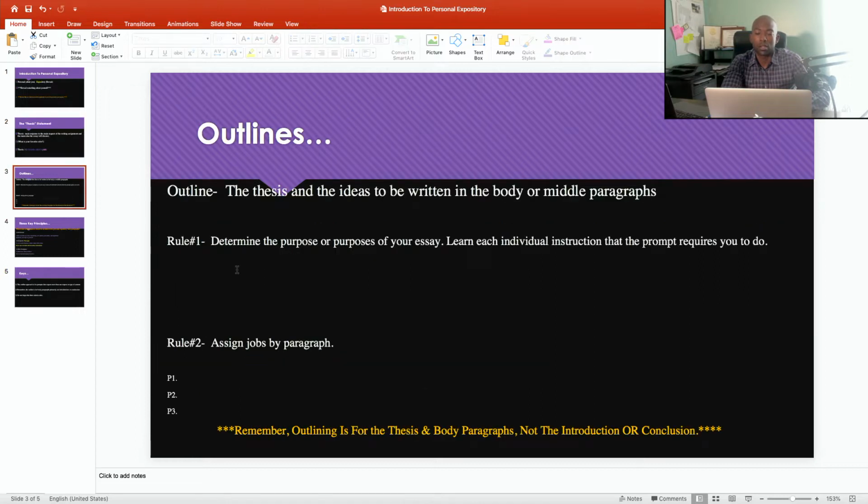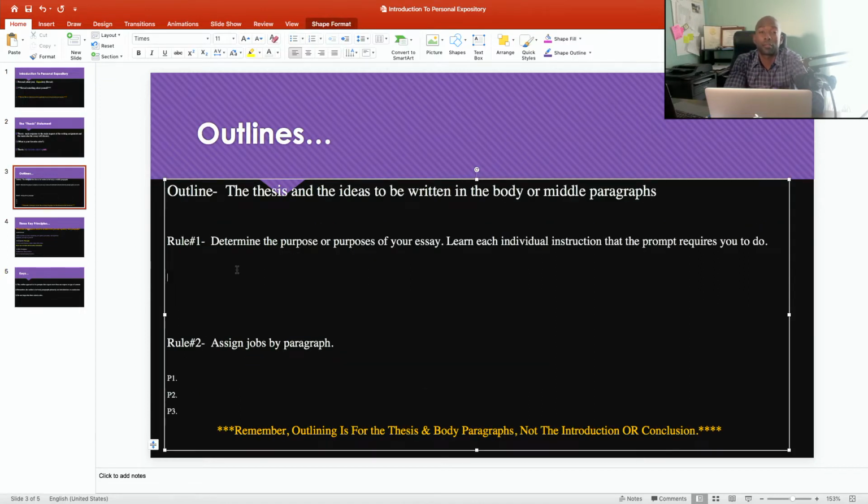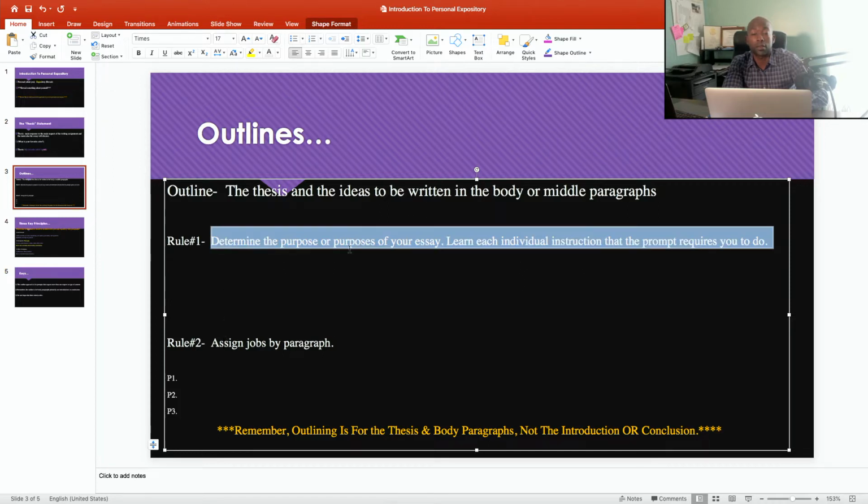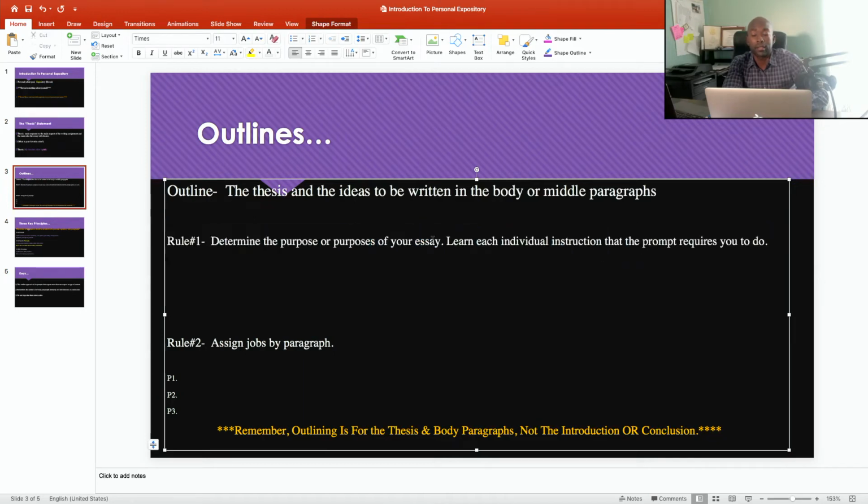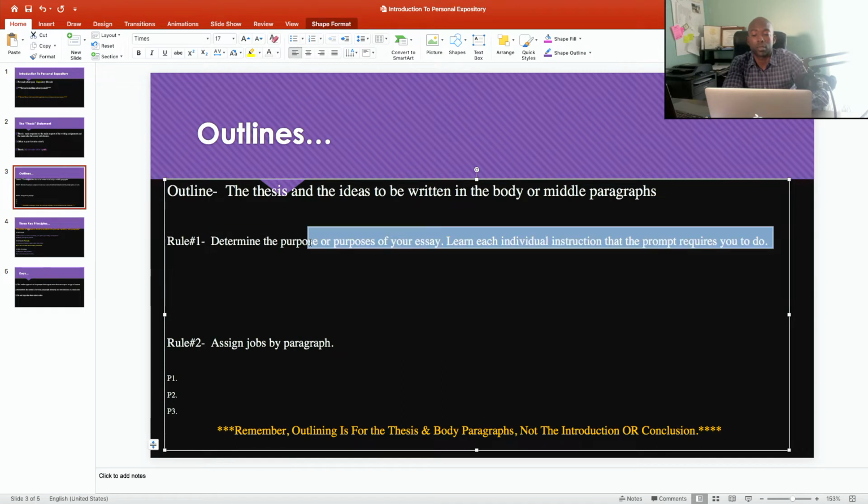So the outline itself includes the thesis statement and the jobs of what's going to be written in each body paragraph. And so I share these principles with students. The first thing you want to do is decide what the writing assignment is asking you to write. So that's what determine the purpose or purposes of your essay. That's what that means.